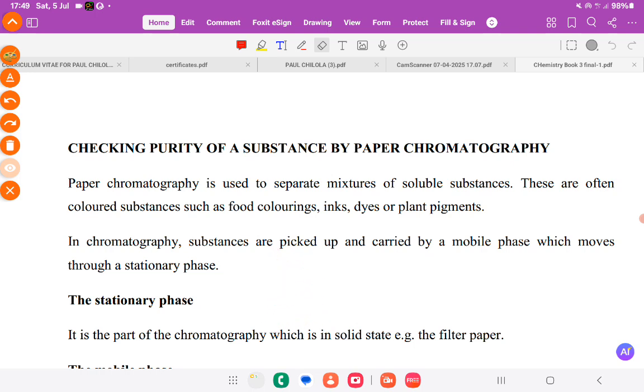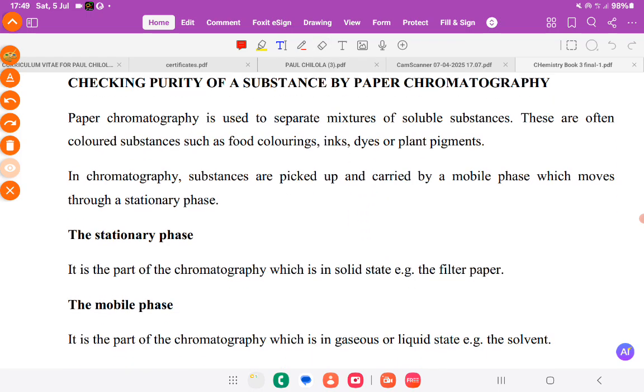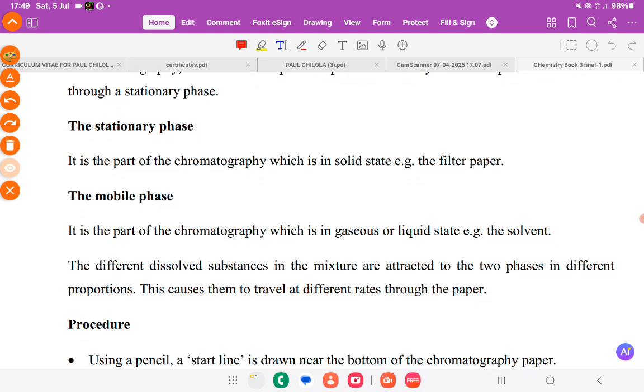So we are going to discuss the process of chromatography. Please take note and listen attentively to the terms that are used and applicable in this particular case. So, stationary phase. What is the stationary phase? The stationary phase is defined as the part of the chromatograph which is in solid state. For example, the filter paper.